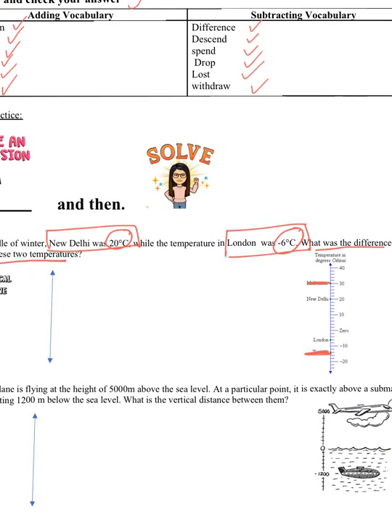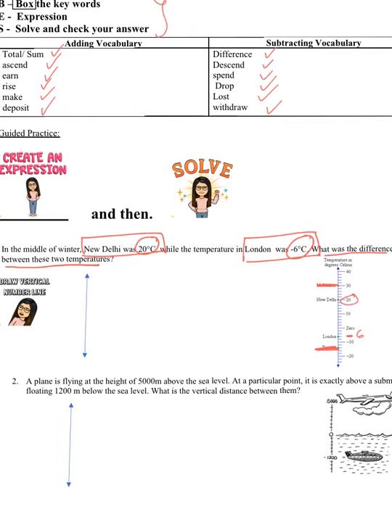New Delhi was 20 degrees, London was -6. We're going to find the difference of these two numbers, 20 and -6. Looking for the difference means we're going to subtract. Take the highest number, subtract the lowest number.